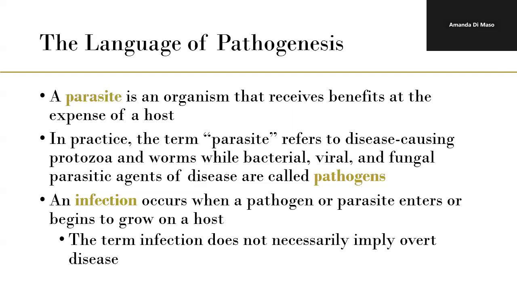So technically, any bacteria is going to fall into this category of parasite because they are harming us for their gain. However, when it's something that is bacterial, viral, even though a virus is not an organism, or fungal, and it's a parasite, we call it a pathogen. So bacteria, viruses, and fungi that attack us and parasitize us are called pathogens.